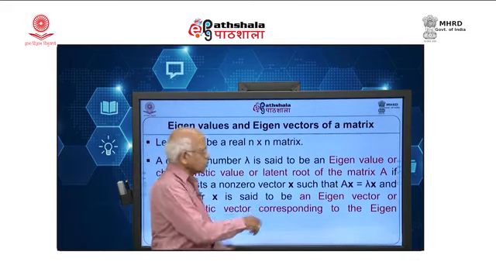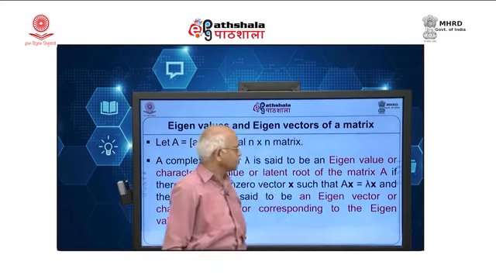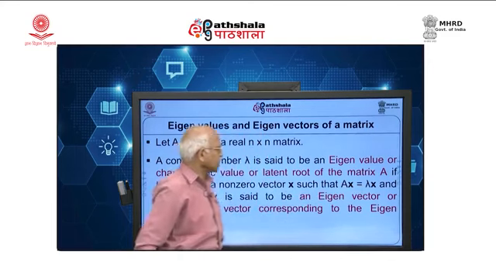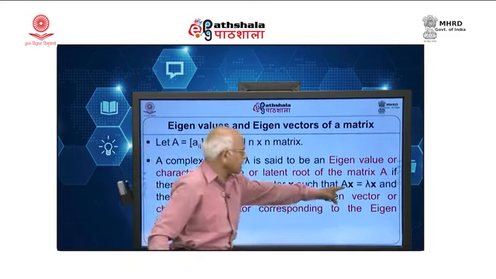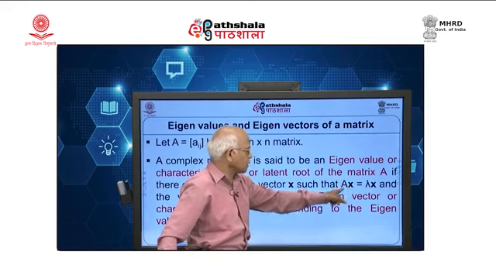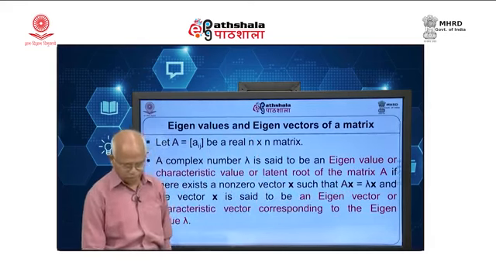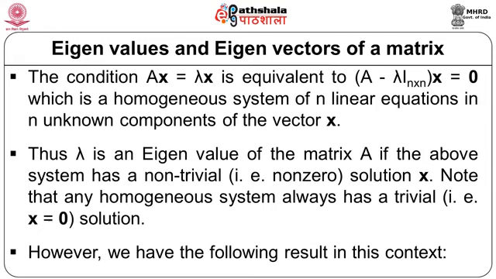So, if the equation A x bar equal to lambda x bar is satisfied, then lambda is called an eigenvalue of A and x bar is called an eigenvector of A corresponding to eigenvalue lambda. If I transfer this to the other side and use matrix theory, the condition A x bar equal to lambda x bar is equivalent to saying that A minus lambda I, where I is the identity matrix of order n, multiplied by the vector x bar, is equal to 0.